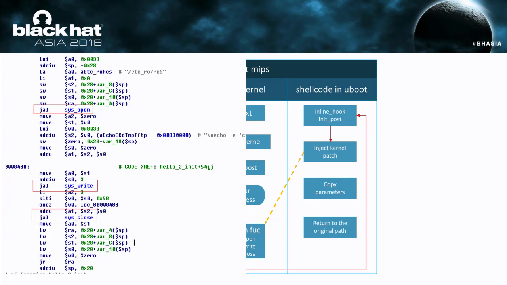The kernel patch will apply file I/O system calls to append lines of shell script to the end of the auto-run file, etc/init.d/rcS. Regarding the particular Linux system that RT5350 used, the name of the auto-run file is etc/rcS.